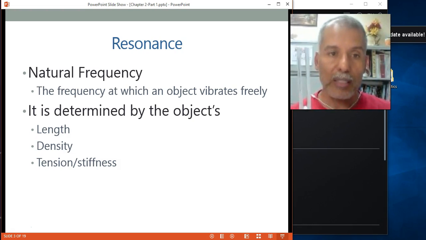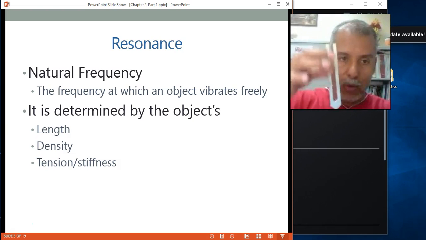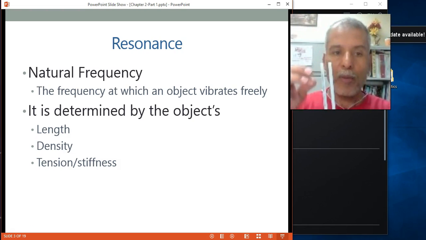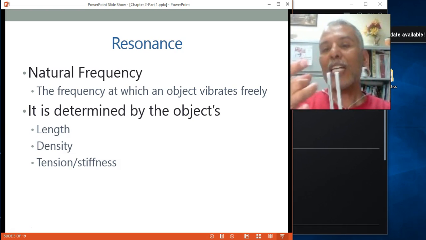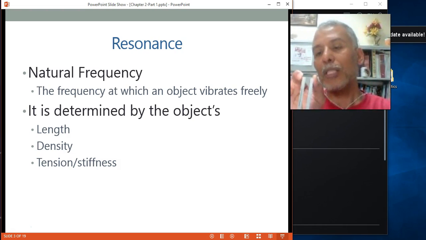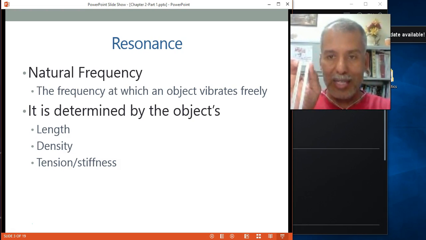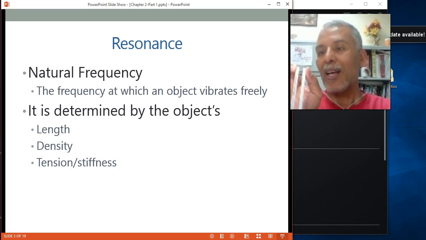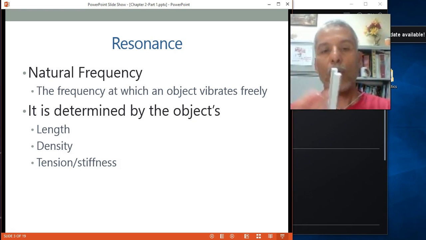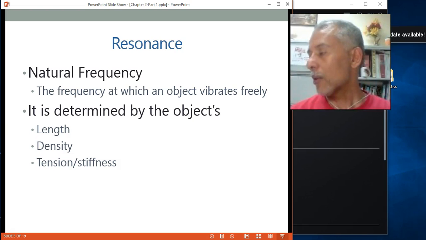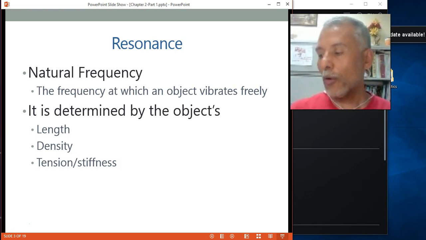The natural resonant frequency is determined by how long the tines are, how dense or thick they are, and how much tension or stiffness there is when you try to move them. That is what we mean by the three factors that determine frequency.